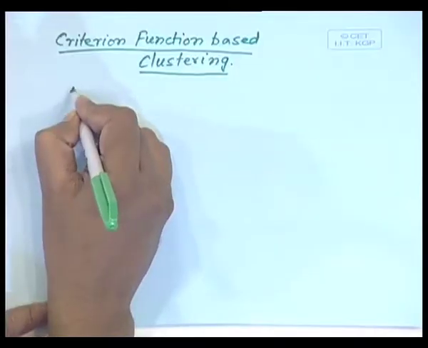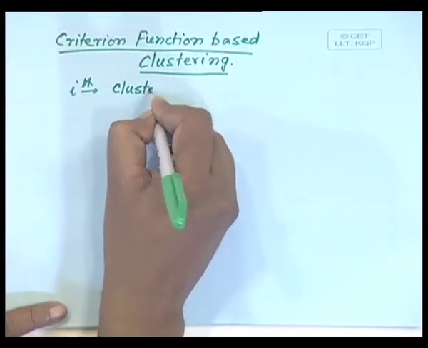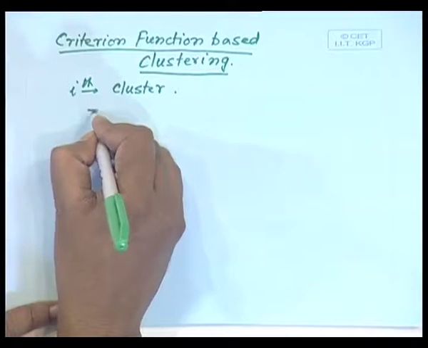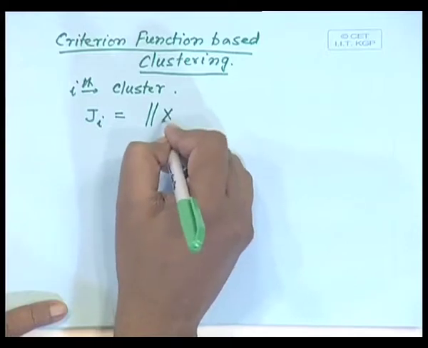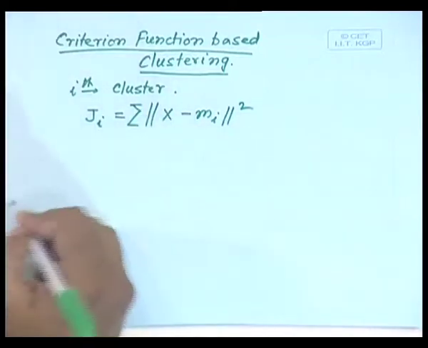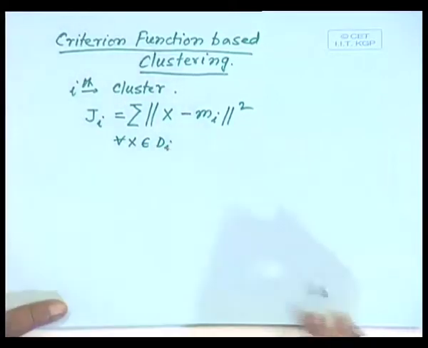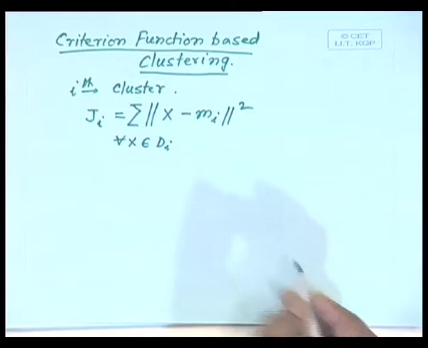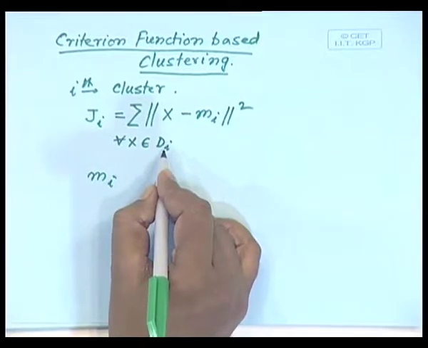Initially all the feature vectors will be arbitrarily partitioned into k number of clusters. Now, if I take the ith cluster, the error in the ith cluster, J_i, will be computed as the sum of the squared norm of x minus m_i for all x which belongs to partition D_i. Okay. Where m_i is nothing but the mean of these feature vectors which are put into cluster D_i.